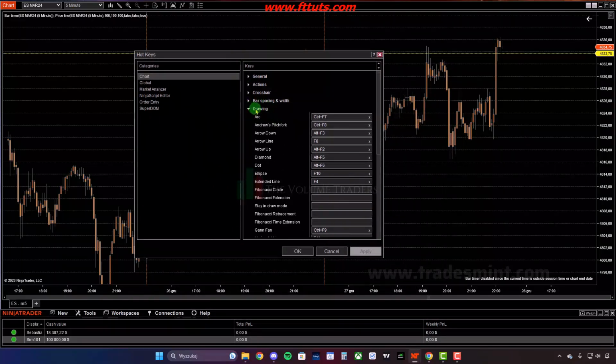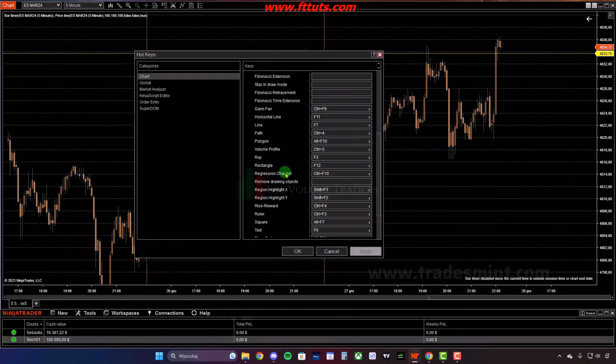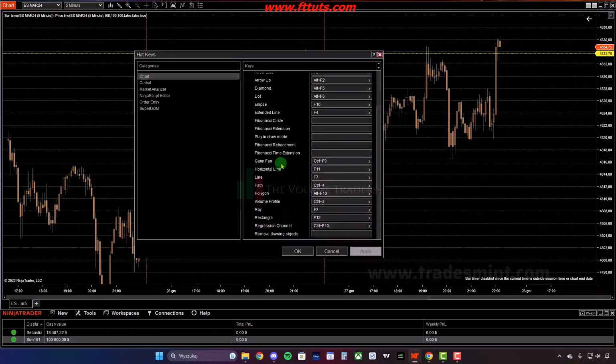And on the drawing part, I just chose a few, F12 in my case is for boxes. Some horizontal lines also when I want to see some daily highs or lows. So it's of course up to you.